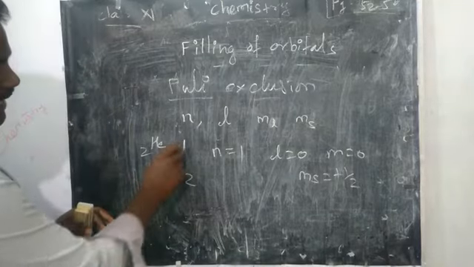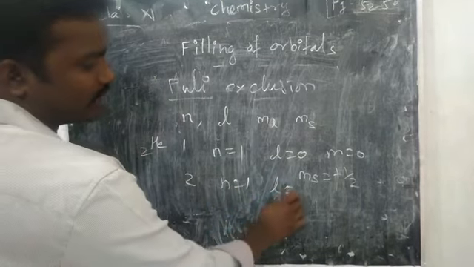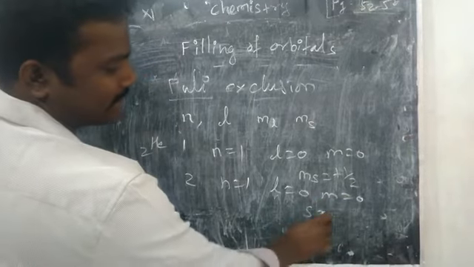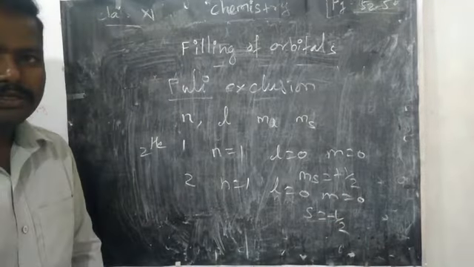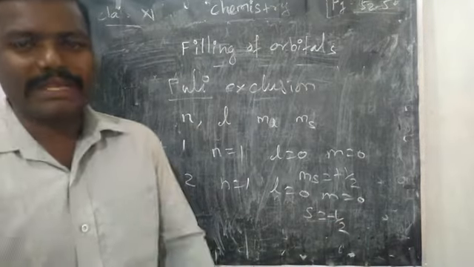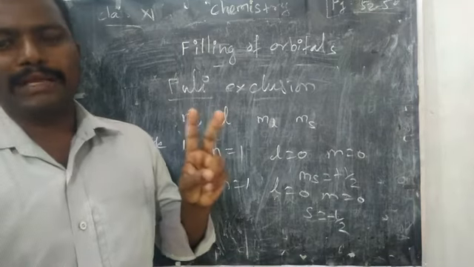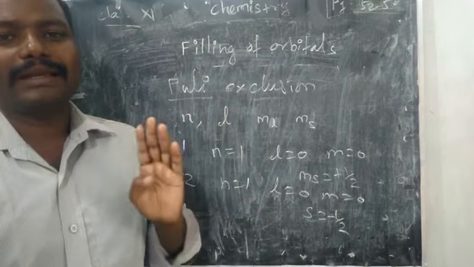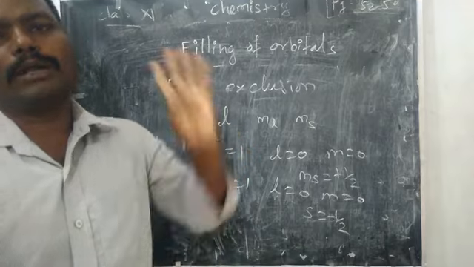But for the second electron of helium, n is equal to 1, l is equal to 0, m is equal to 0, but s is equal to minus 1 by 2, right? So what is Pauli's exclusion principle? Any two electrons in an atom cannot have the same values of all four quantum numbers.